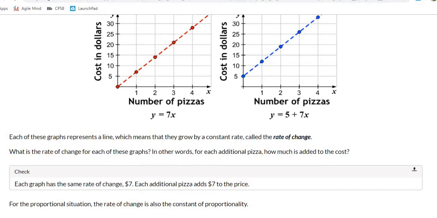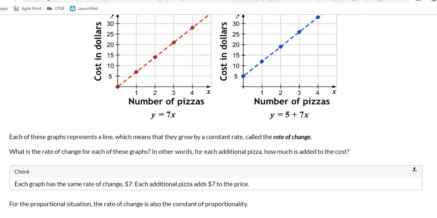Then it says, for the proportional situation, the rate of change is also the constant of proportionality. So that just recaps what I said. This proportional one can also have a constant of proportionality.